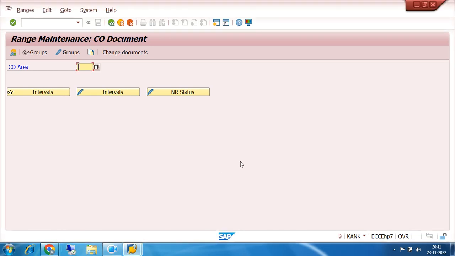So, like financial accounting, there are document types and number ranges. Here, in costing or controlling, there are no document types. Like in financial accounting, there is document type SA, that is GL document, AB, that is reversal document. These are the different document types under which number ranges were created, right?